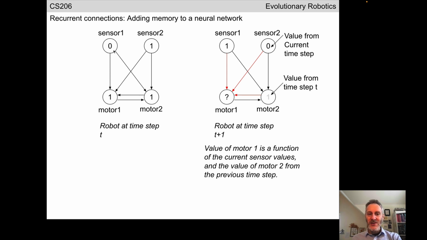Just assume they're such that this results in a value of 1 arriving at motor neuron 1, and also a value of 1 arriving at motor neuron 2. If these two motor neurons are attached to wheels, then both wheels will spin at 1 radian per second, let's say, for example.